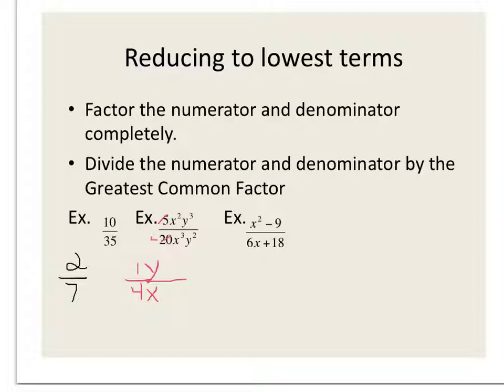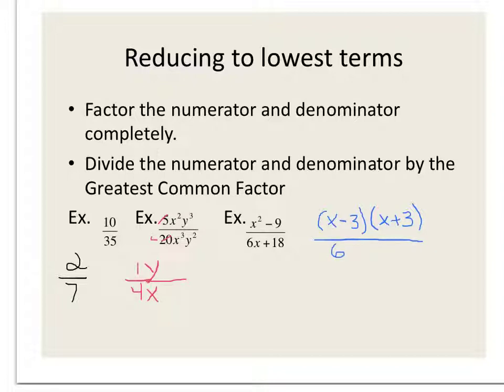In the last example, it's a little bit harder. The first thing you need to do is factor completely. Notice the top here is a difference of two squares. So I can factor that to x minus 3, x plus 3. If you need to review that, Google difference of two squares and get some information on that. On the bottom, we have a greatest common factor of 6.